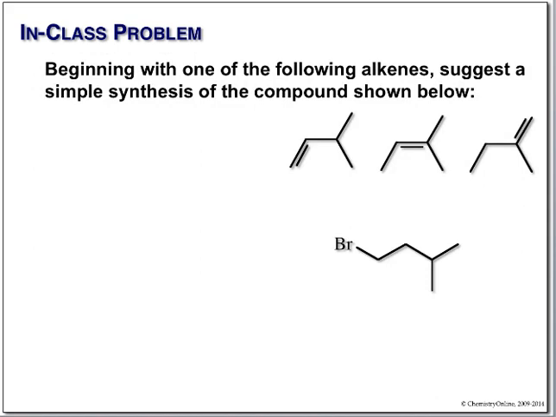Well, our logic is exactly the same here, isn't it? We look at this and say, what kind of compound is it? It's an alkyl halide. What's my regiochemistry? Is this Markovnikov or not? It's anti, right?